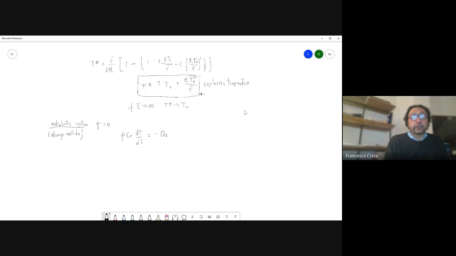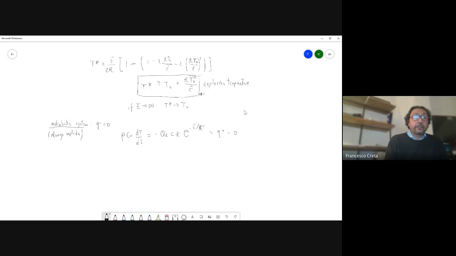So the Q plus is QR, C is the concentration, K is the reaction constant, e to the minus E over RT. So this is essentially Q plus minus 0, for Q minus is 0.